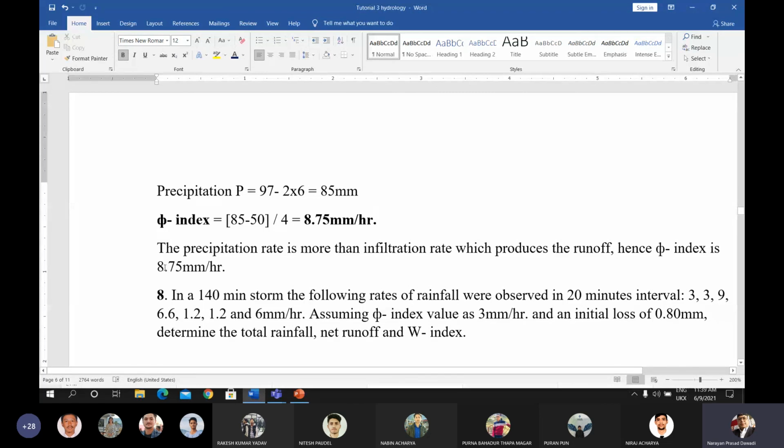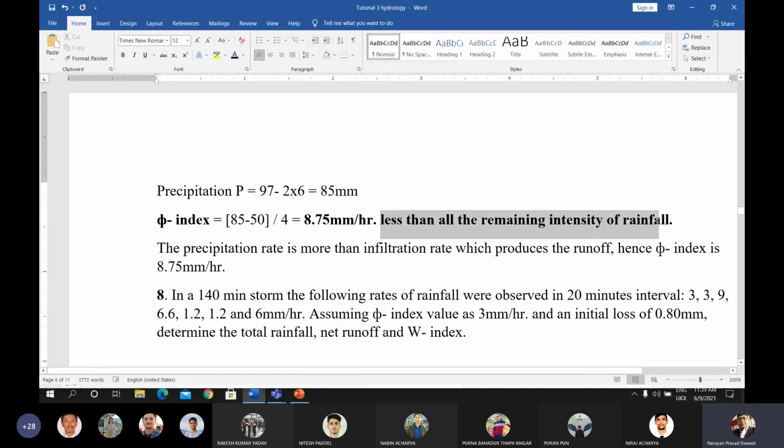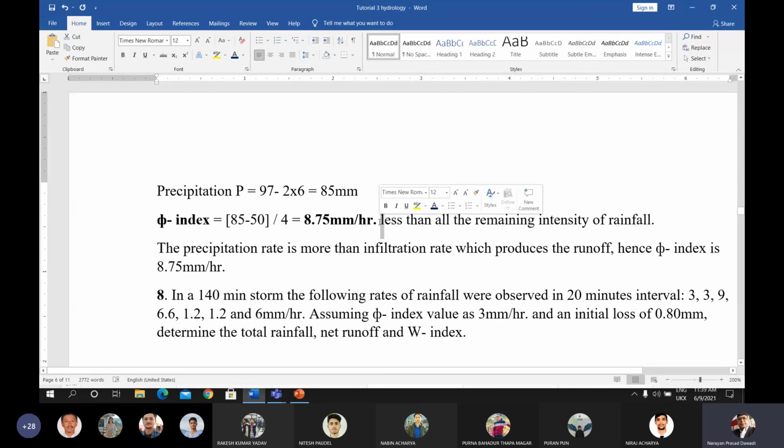Hence the phi index is 8.75 mm per hour, which is less than all the remaining intensities.